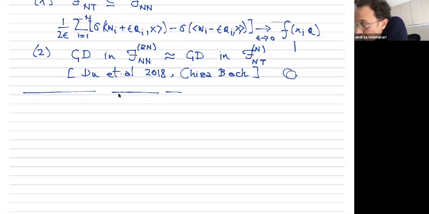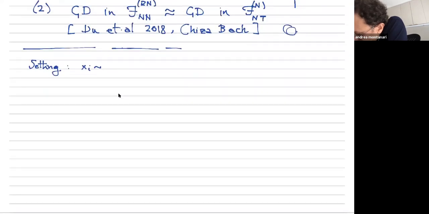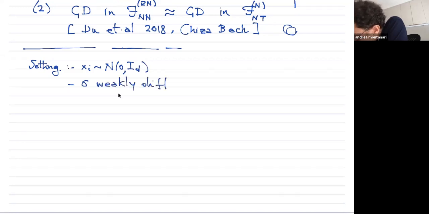Okay, the setting, or the type of hypothesis that I look at, is the following. The x_i will be normal 0, I_d. And then sigma will be weakly differentiable with sigma prime of x bounded by a polynomial.